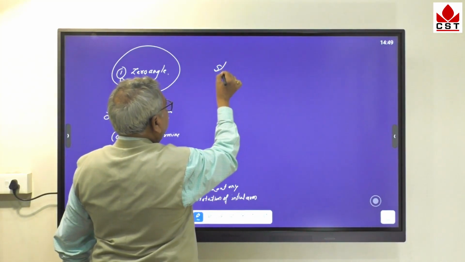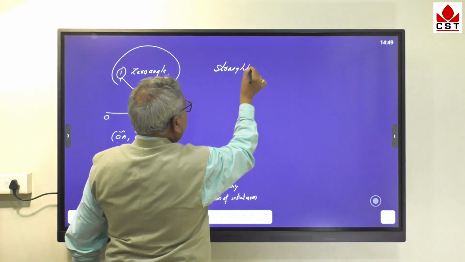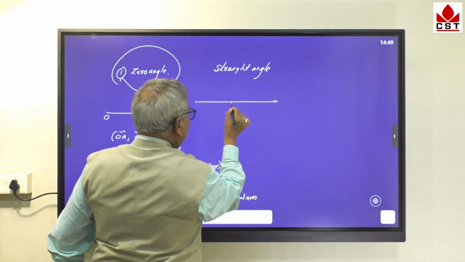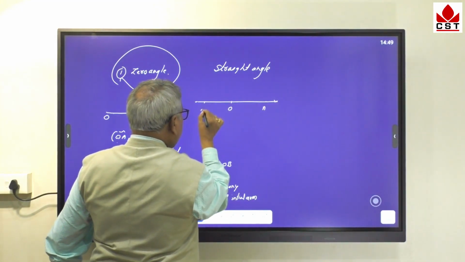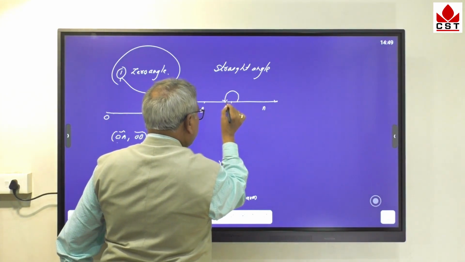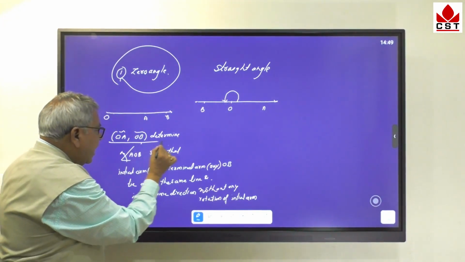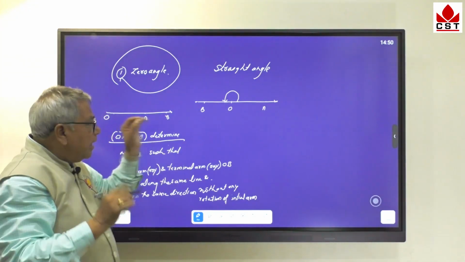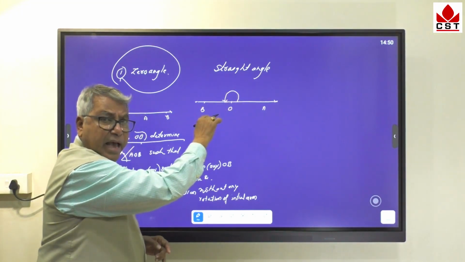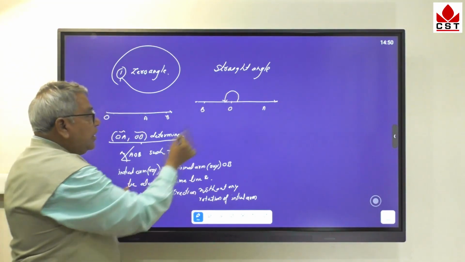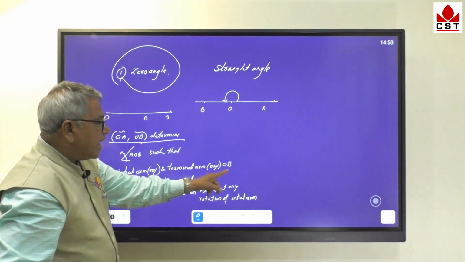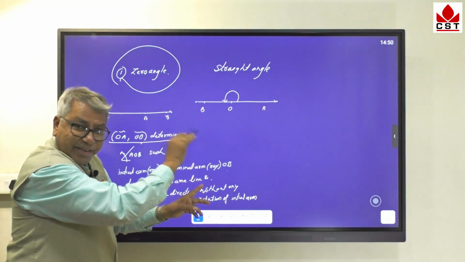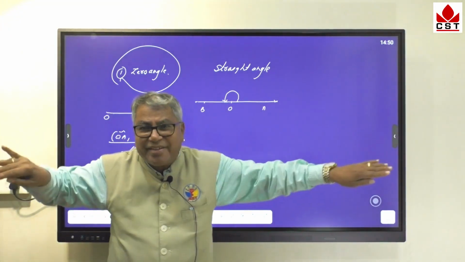A straight angle. Again the same language. Ray OA, ray OB determine directed angle AOB such that the initial arm ray OA and terminal arm ray OB lie along the same line, but in the opposite direction.